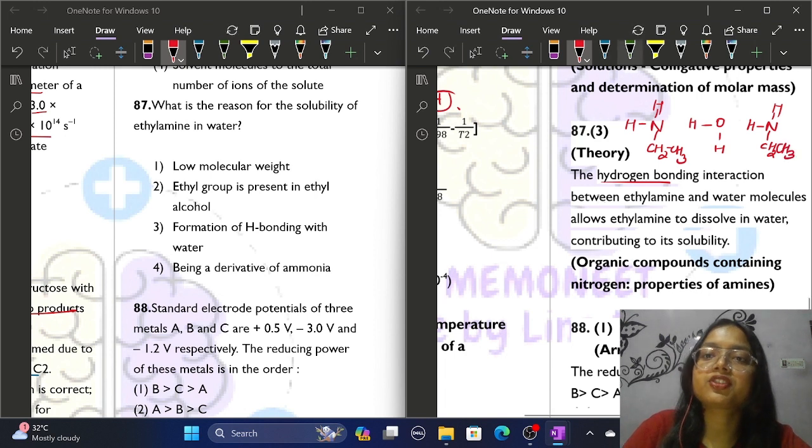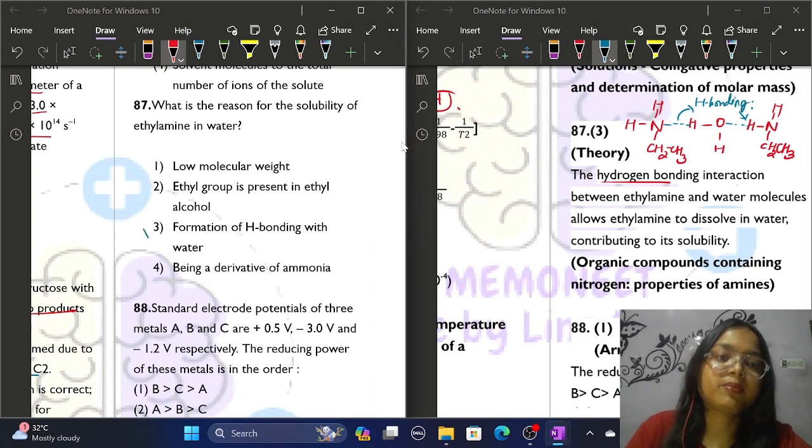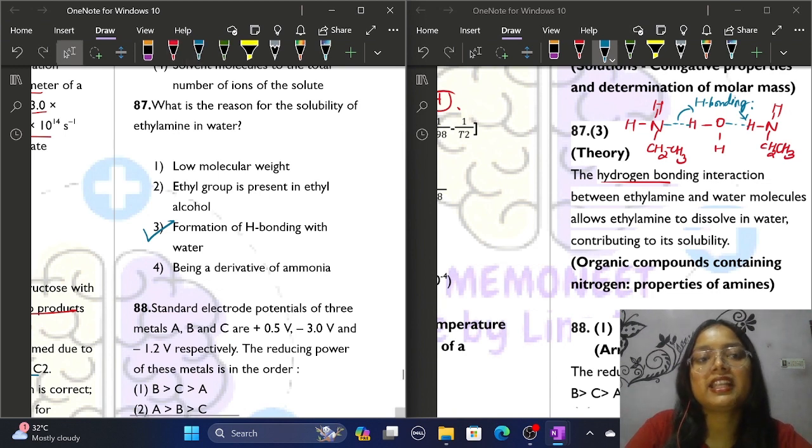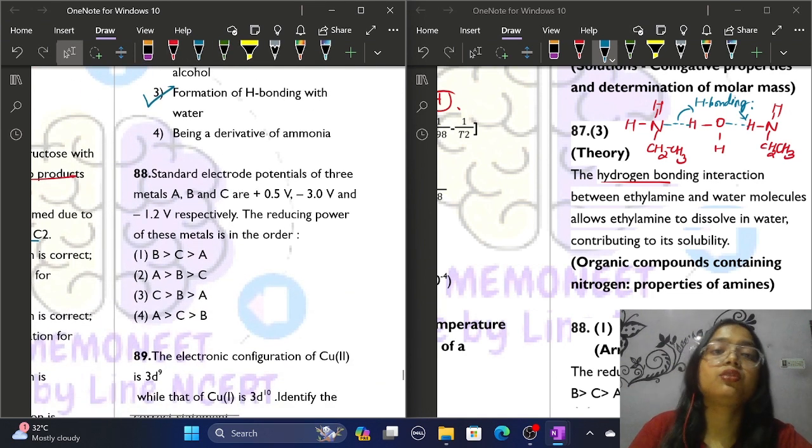The ethylamine structure will look like this and it will form hydrogen bonds with water like this. These are the hydrogen bonding. So formation of hydrogen bonding with water is there. So for question number 87, due to hydrogen bonding, it is soluble in water.